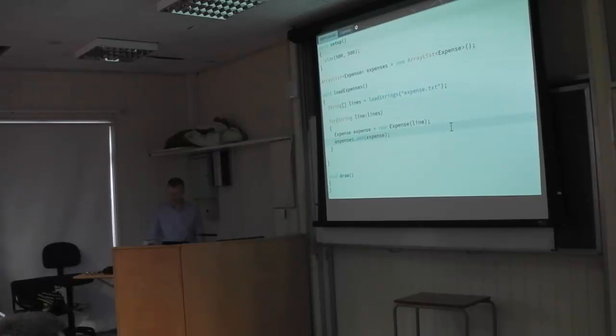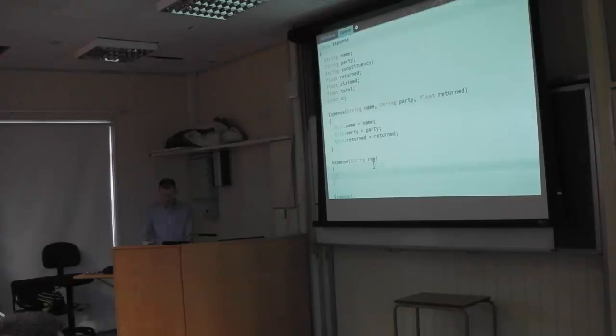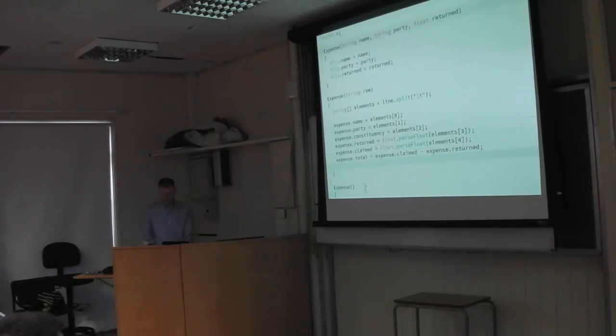See that? It's much neater. And just put this code into the constructor. I think it's a nice way of doing things. So then you just go elements equals, sorry, that should be called line, or row. So then I call line.split, and then you just assign the fields like this. Yeah, I like it. That's the type of parameterized constructor I like.